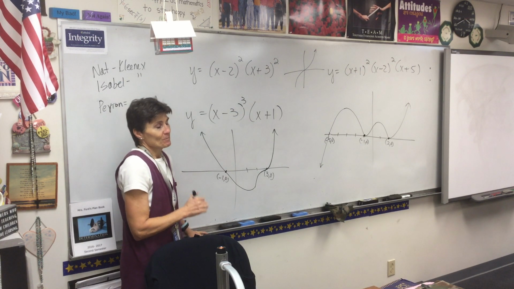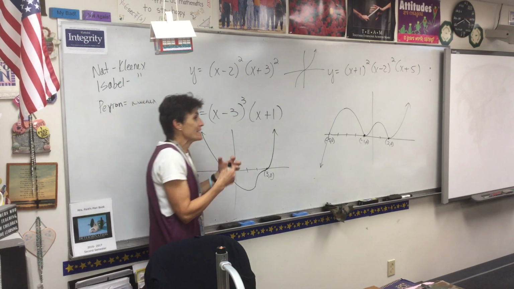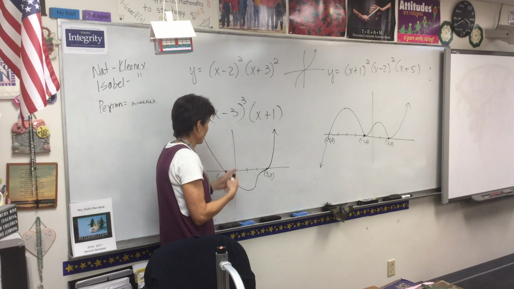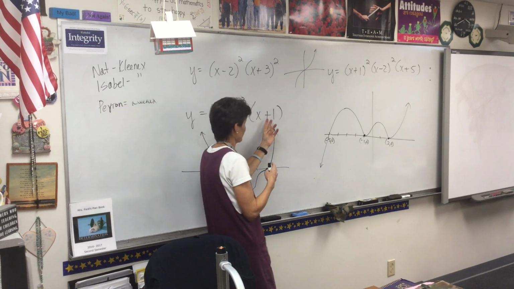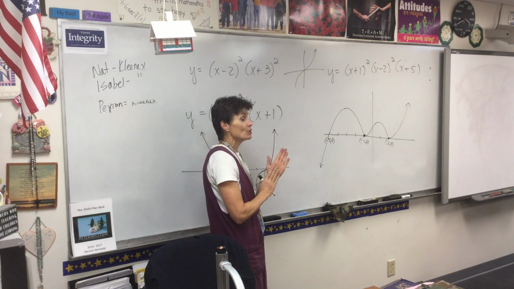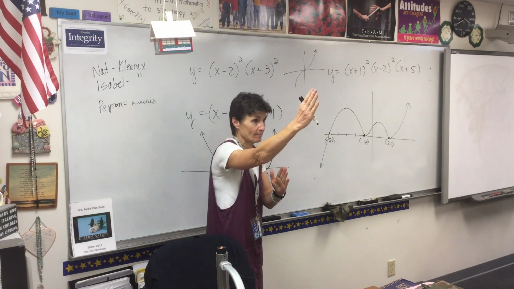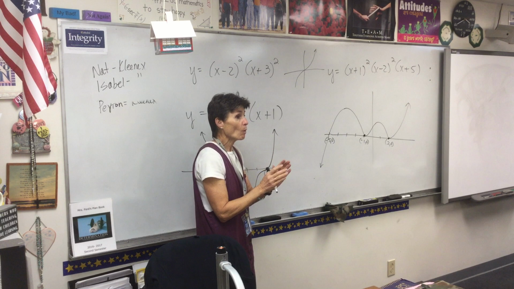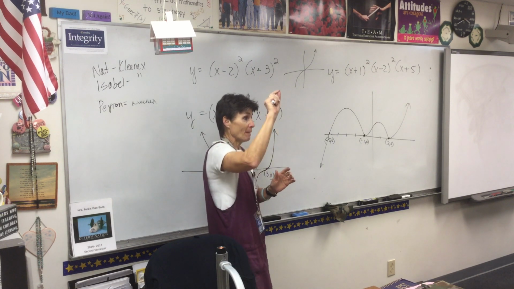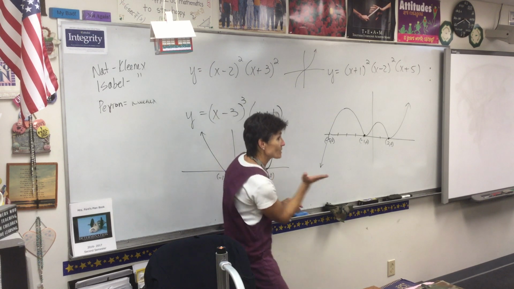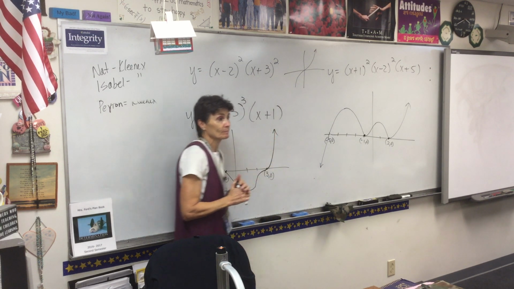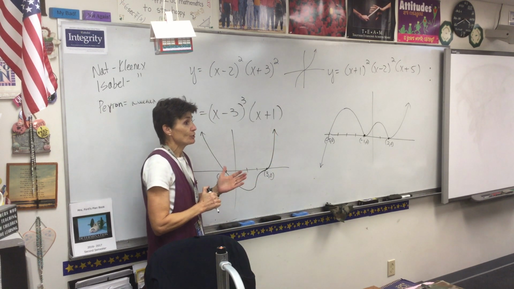Okay. I know. So now we have 3 x-intercept behaviors to talk about. If it's a regular factor, just a plain old regular factor, you just shoot straight through it. If it's a square, you bounce off of it. And if it's a cube, you squiggle through it. Now here's the good news.